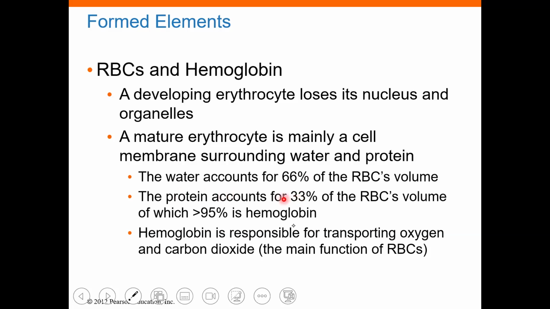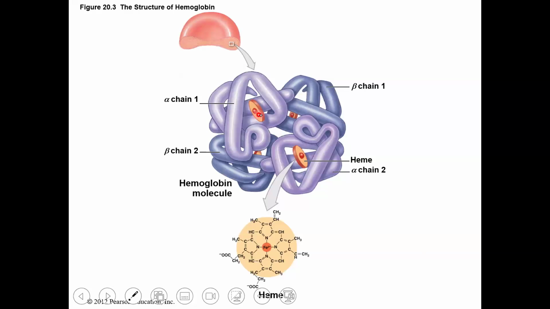The protein accounts for about 33% of the red blood cell's volume, and we'll see 95% or greater of that as hemoglobin. Hemoglobin is responsible for transporting our oxygen and our carbon dioxide. You can see the four little heme groups here on our hemoglobin.